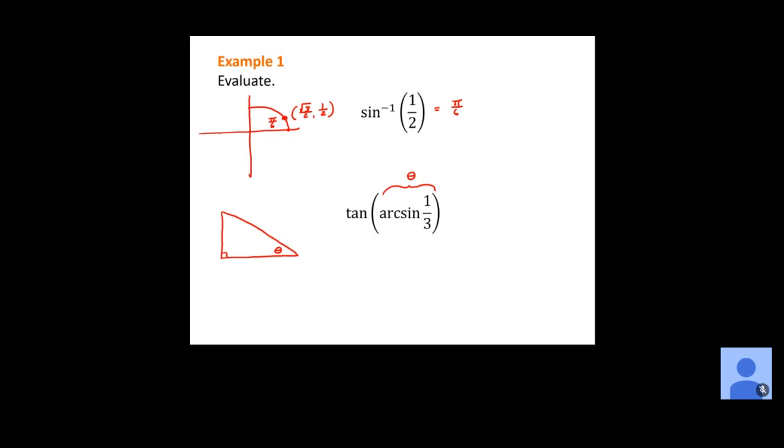Now, if we're looking for the arc sine of 1/3, think about what you know about sine in terms of your right triangles. What does sine tell us about that right triangle?